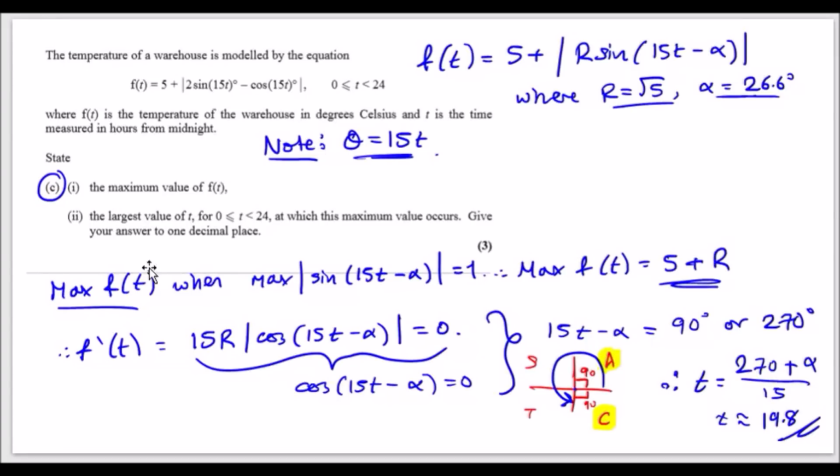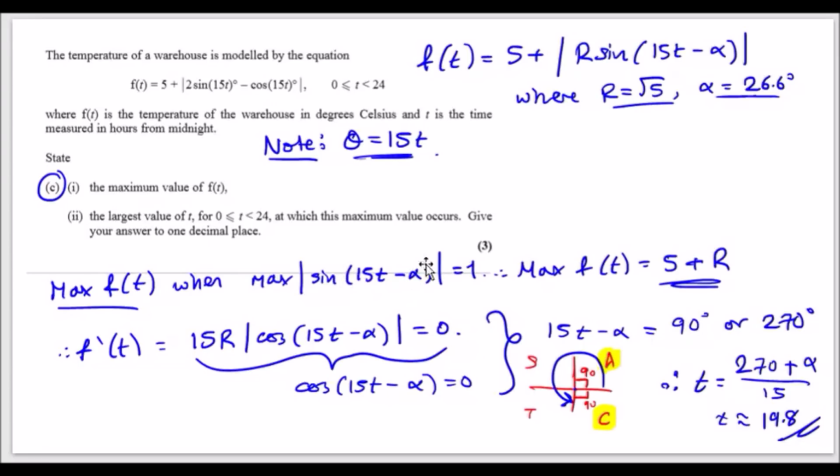Now, state the maximum value of f(t). What this means is that we want to get the absolute highest possible f(t), and to do that, we need to look at every term. When we look at 5, the maximum value of 5 is 5 because you can't do anything to it. Now, when we look at the bulk of this term, we need to see what we can maximize it to. What I would do is, again, plug in the R-sine equation, which I did over here. And now we ask ourselves, how do we maximize sine? Well, we realize that sine takes values between -1 and 1, right?